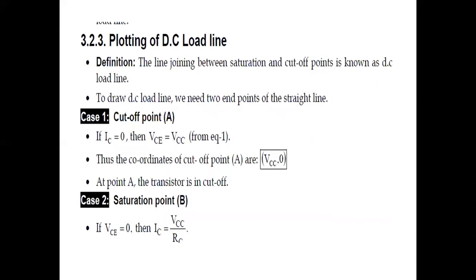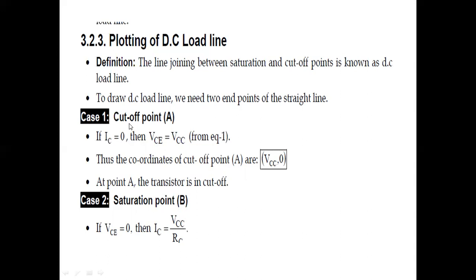Let me tell how we are going to get these 2 points. So here, how can we plot the DC load line? The line joining the saturation and cutoff points is known as the DC load line. To draw the DC load line, we need 2 endpoints of the straight line.